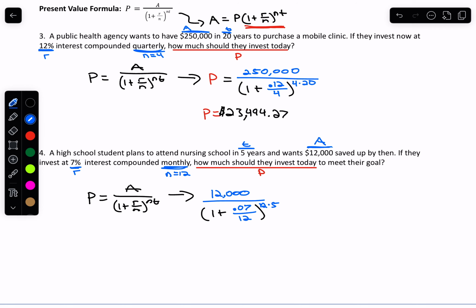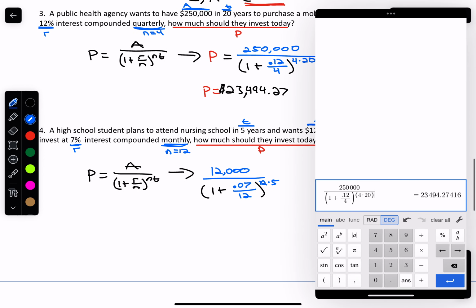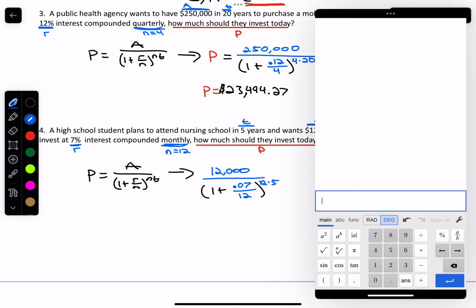Pulling out our calculator, we say 12,000 divided by 1 plus 0.07 divided by 12, close the parentheses and raise it to the power 12 times 5.